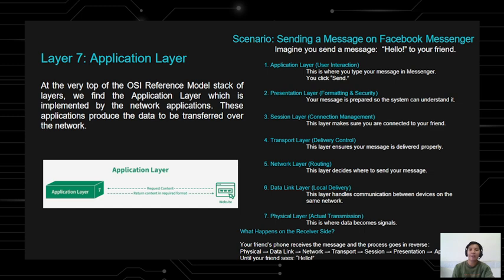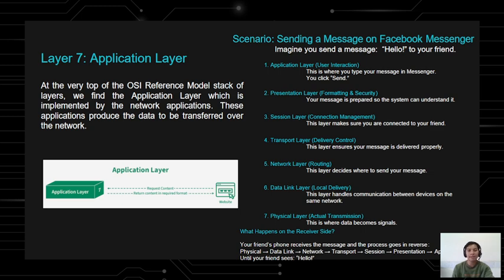It starts at the application layer where the user interacts with the app, and then the message moves down through the presentation layer where it is formatted, and the session layer which maintains the connection between both users.